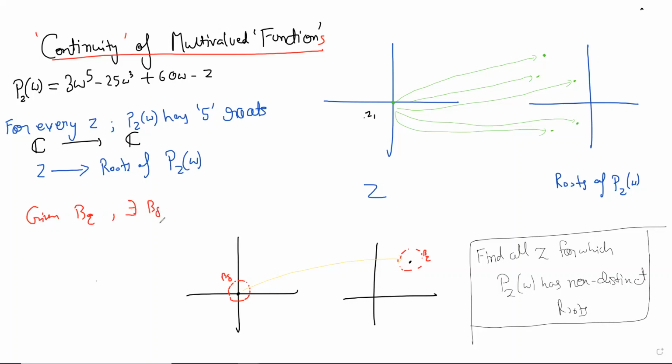This is basically the definition of continuity, right? We all know this. Delta ball such that, for the single valued function, f of the delta ball is inside the epsilon ball. Everybody's okay with this? This should be the definition of continuity for a single valued function.